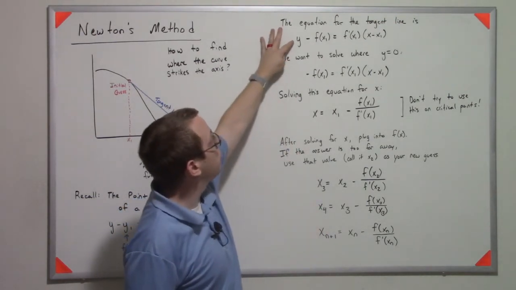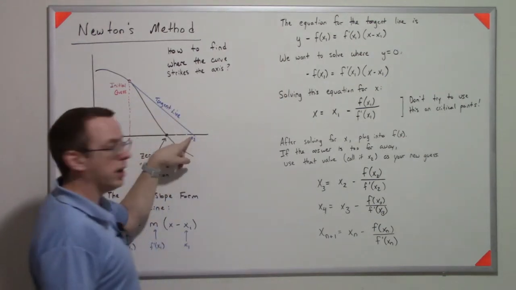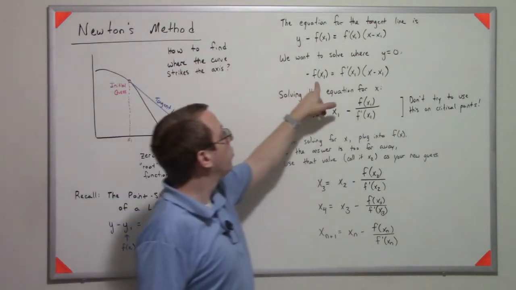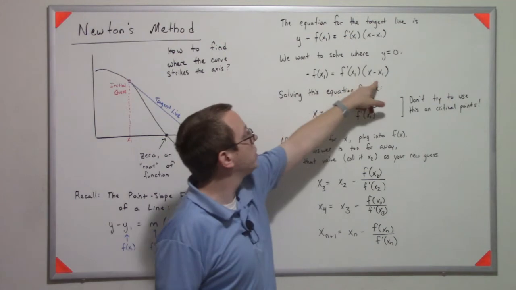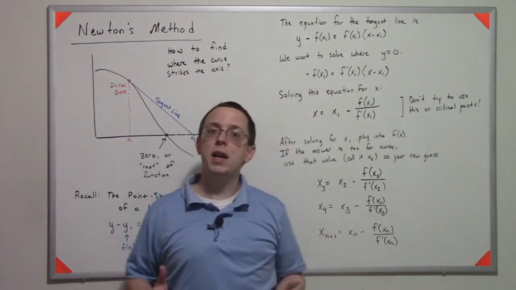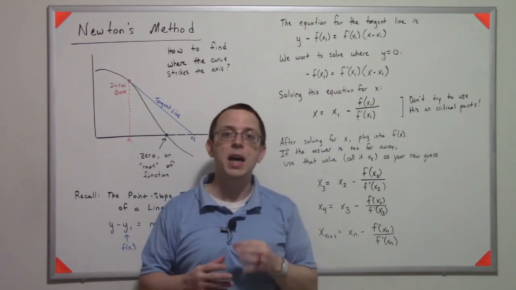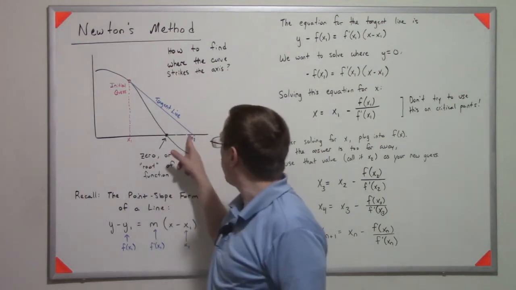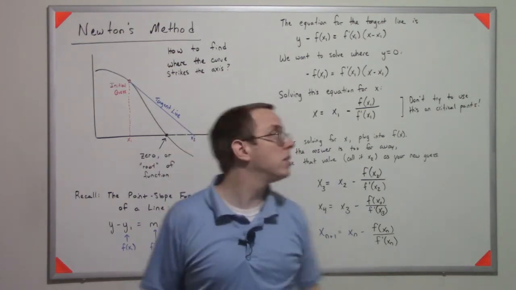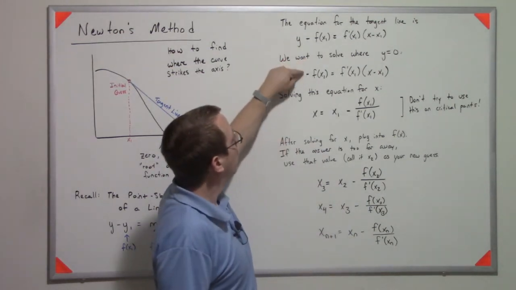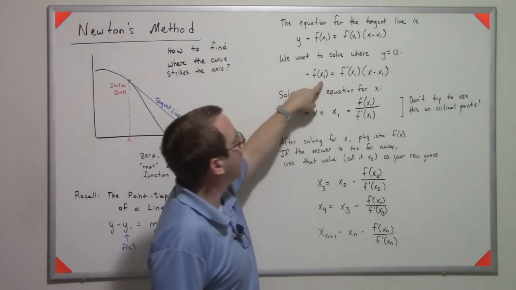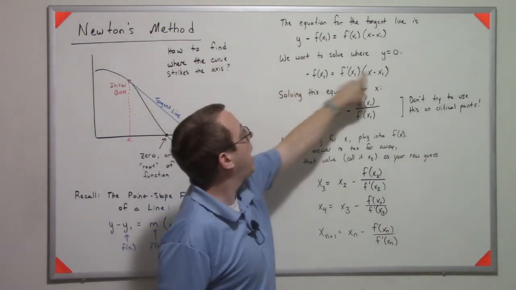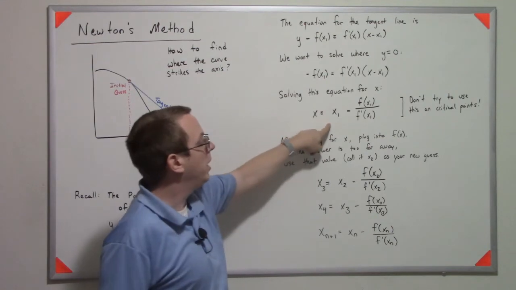The y value is supposed to be 0 because it's striking the x-axis. So really we just have this equation. Well, what does that allow us to do? It says I can find the x-coordinate of where that strikes. If I divide by f prime and then add x1 over, I get this equation.